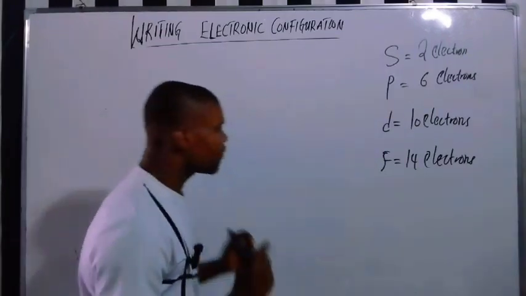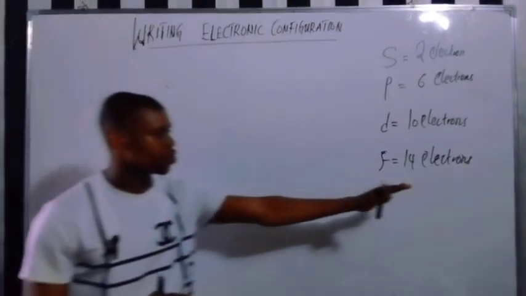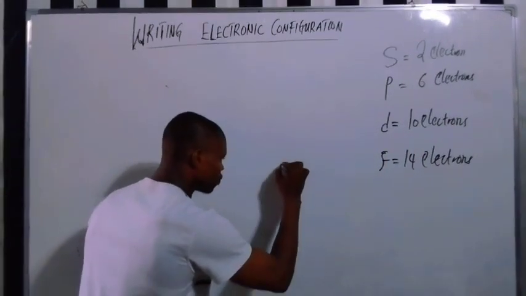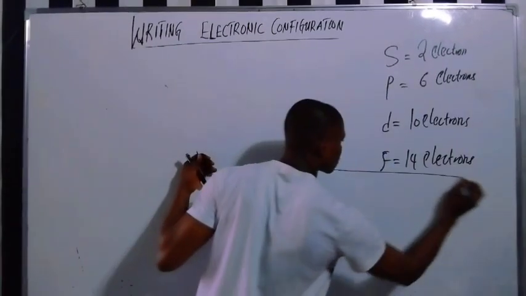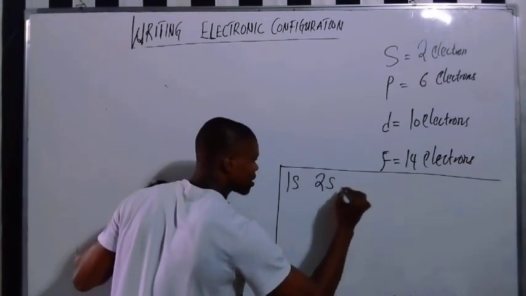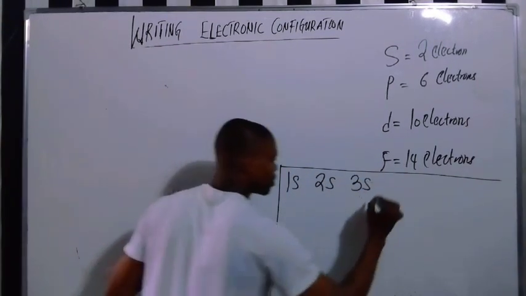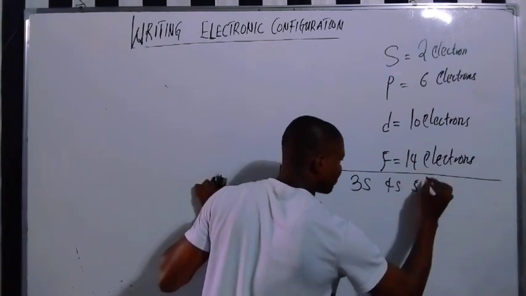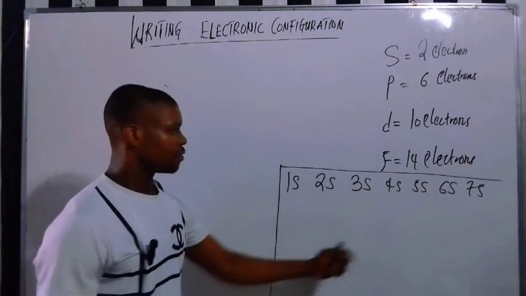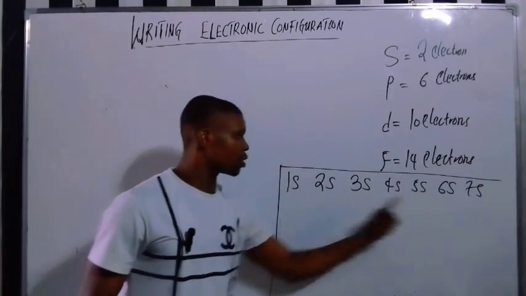The first thing to know is this simple system. You have 1s, 2s, 3s, 4s, 5s, 6s, 7s. So 1 to 7.